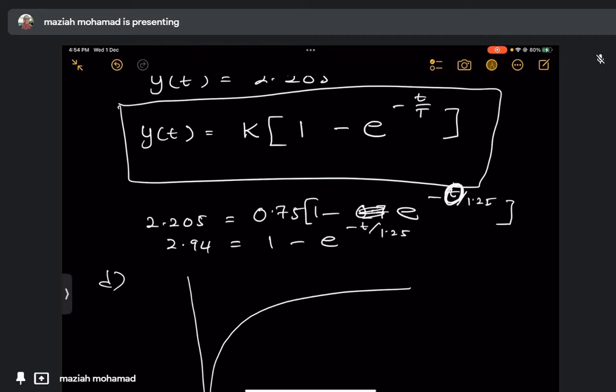Alright, so tukar je lah. So pindah. So exponent negative T over 1.25 is equal to 1 minus 2.94. Right. Okay, so that one will become berapa?